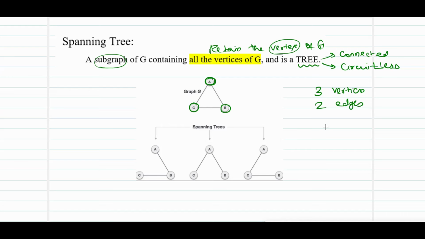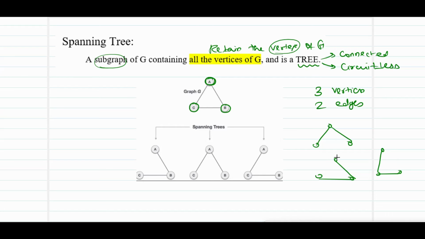So how do we construct the various possible ways? I can have this edge and this edge, so this will become a tree. I can connect this edge and this edge, so this will become a tree. And I can connect this edge and this edge, and here also it becomes a tree.